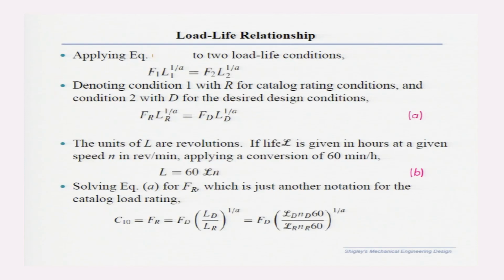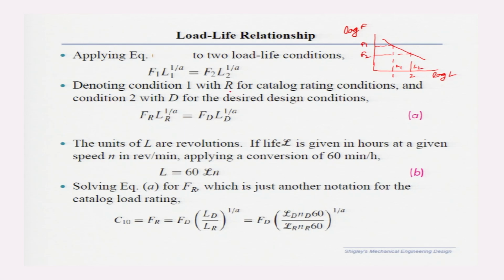Now applying that equation to the two load life conditions, this is the log of the life and this is log of the load, and the curve is like this, and we want to apply it for two conditions, condition number 1 and condition number 2. So there will be first life and second life, F1, F2 and L1, L2.